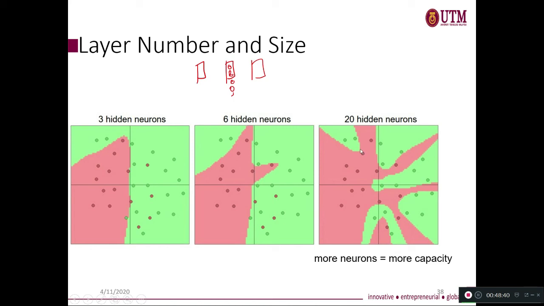Again, imagine if you increase more and more, what will happen? Now this border will become very strict and rigid. It might be something like this. Sometimes it can go up into this one. If you increase the neurons, the border can be something like this. It's very strict in decision making.